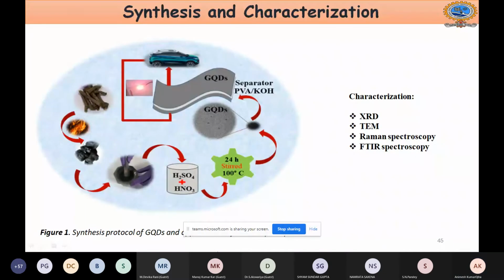Here, a new process is adopted to synthesize the graphene quantum dots using charcoal as a raw material. The synthesized material was characterized by different techniques like XRD, TEM, Raman, and FTIR, and then electrochemical investigation is done by electrical and chemical measurements.